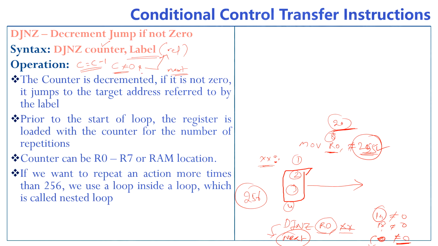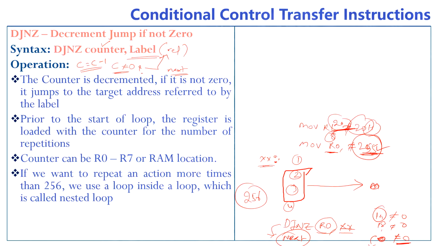So I can use one more loop. I can utilize one more counter register R1 and load it with some other value, 20. In this case, 255 times 20 times. So that many times this loop will be executed.